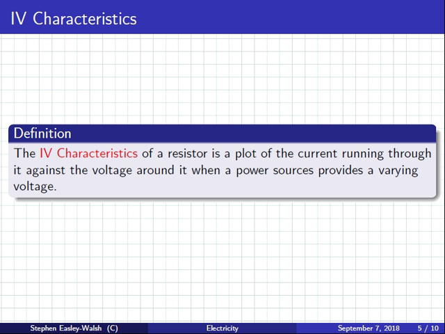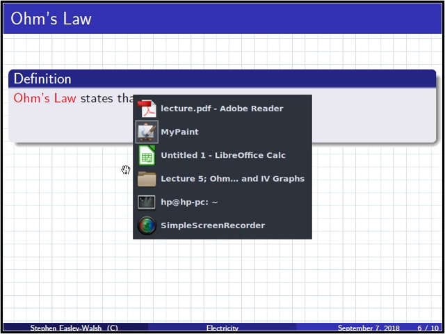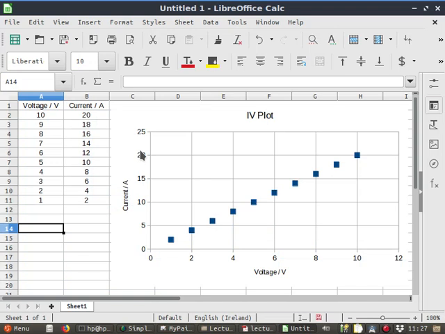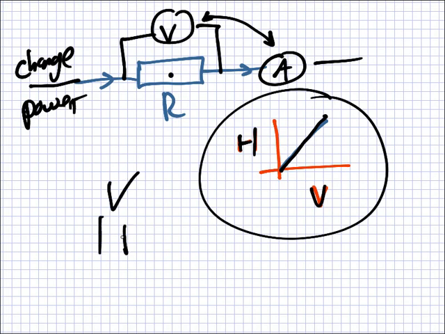Does anybody know Ohm's law? You know Ohm, resistance. Okay, so just before we continue, if I go back to this for a moment, how do you calculate the resistance R?